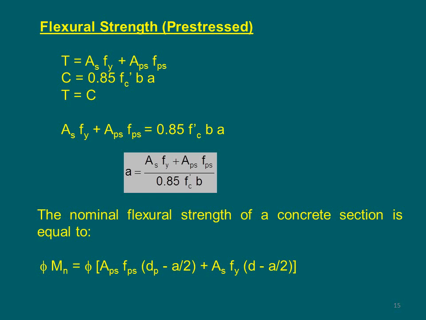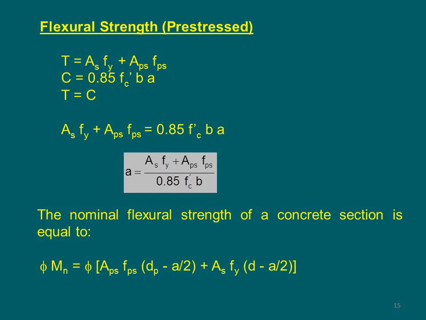a is going to be equal to As Fy plus Aps times fps, and you divide this by 0.85 f'c times b. Now if you would like to figure out the nominal flexure strength, Mn is going to be equal to T coming from the pre-stress times Z1, plus T coming from the conventional rebars, the non-pre-stress rebars, times the Z that goes with it, which means d minus a over 2.